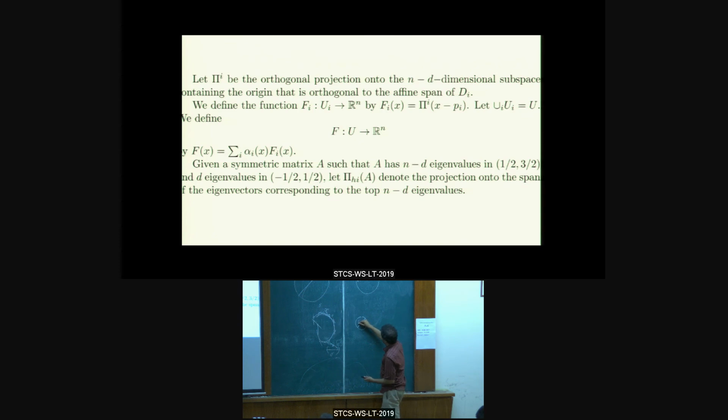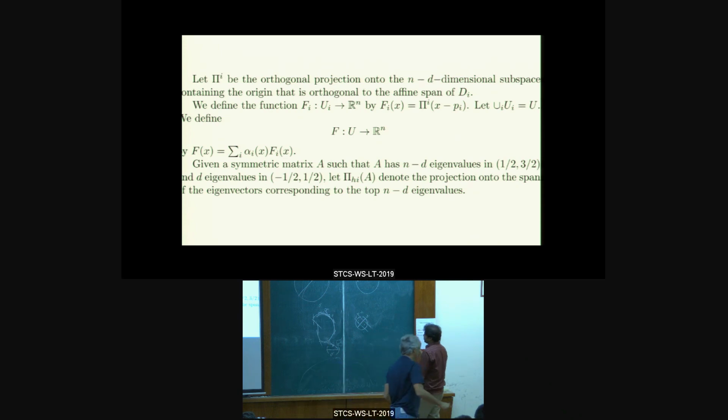You take a point here, and you take the orthocomplement of this disk, which is a d-dimensional disk, and this is going to be an n minus d dimensional affine plane. Similarly here, you take an n minus d dimensional affine plane through it, and for every point, this is a completely flat vector bundle. Every point has this affine plane through it.